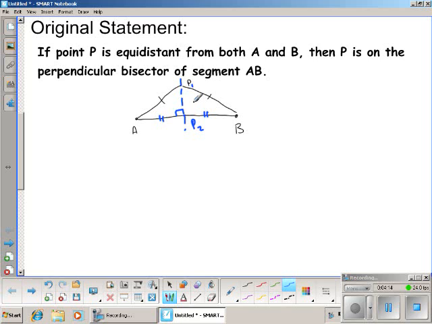I just need more information in this diagram than I currently have, and the best way to get that information is to actually prove congruency. In fact, it almost kind of writes itself. I don't know this angle is 90 yet, but because of the way I'm picking P2 to be on AB, I know that these sides are congruent. Well, all I need is one more side, and lo and behold, I have a reflexive side in the middle. So I'll prove the triangles congruent by side, side, side, and then work from there.